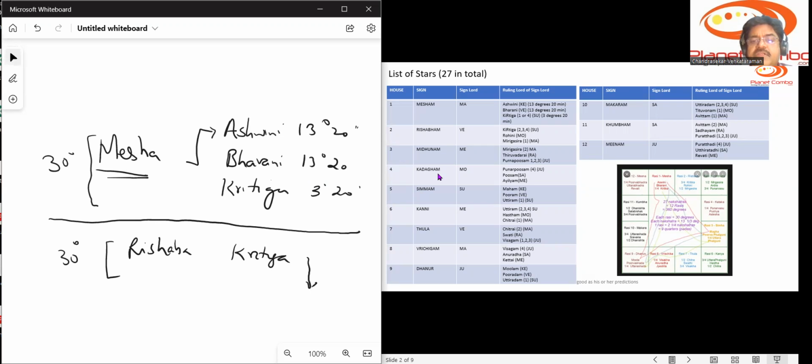Readers can read it, and we have also grouped them as per the signs where they fall. Whenever a star is split across multiple signs, we have put the parts 1, 2, 3, 4. So just memorize the star names, memorize why each star occupies 13 degrees 20 minutes, and also how it spreads across multiple signs.